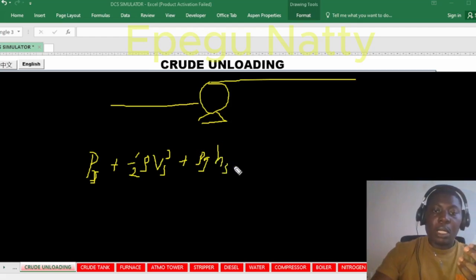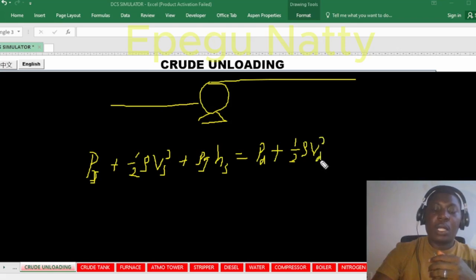Now this is going to be equal to the one at the output. So we have the pressure at the discharge, plus the kinetic energy at the discharge, which is half of the density and the velocity squared at the discharge, d, plus the density, gravity, and the height at the discharge.